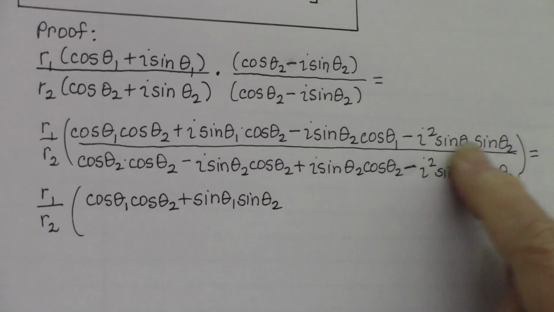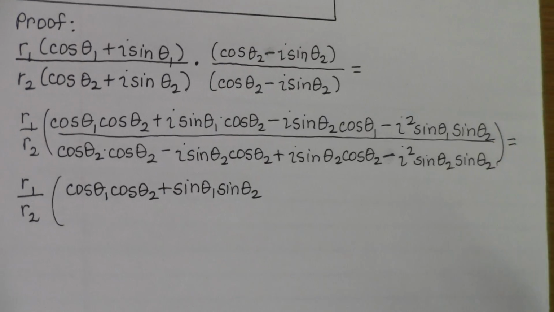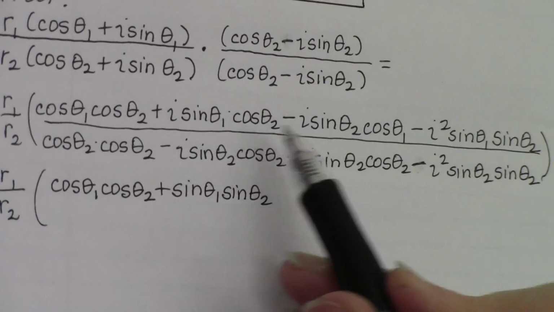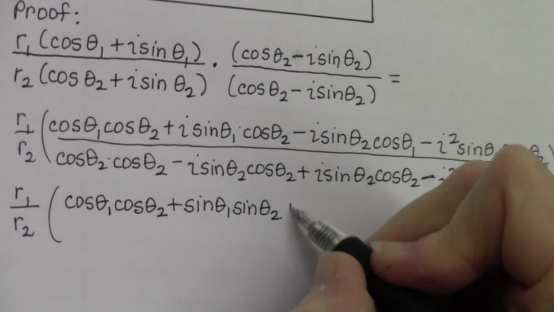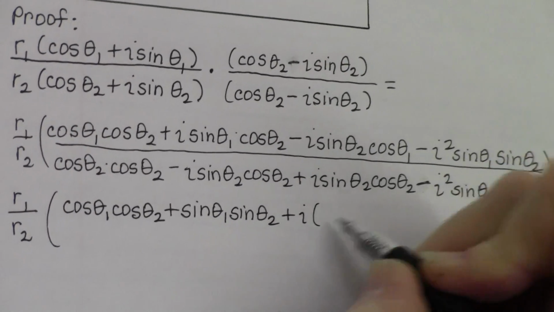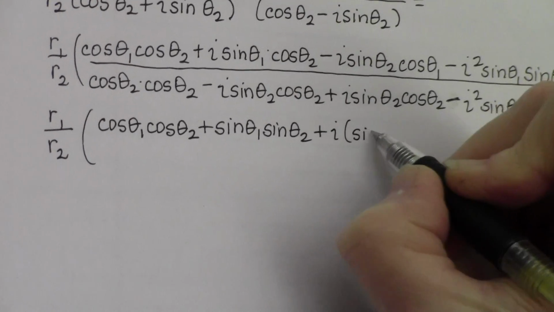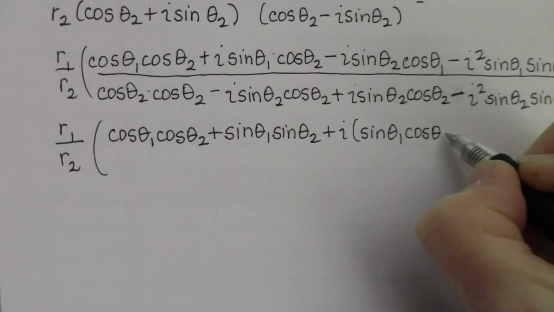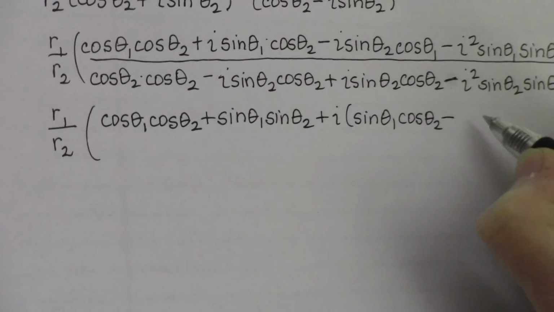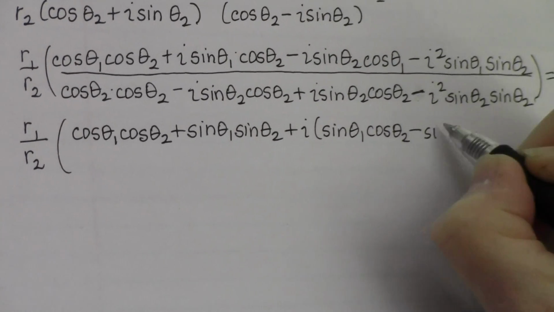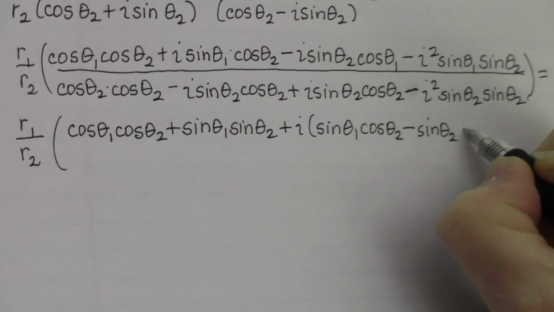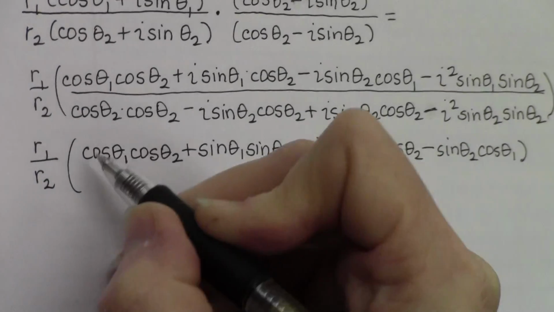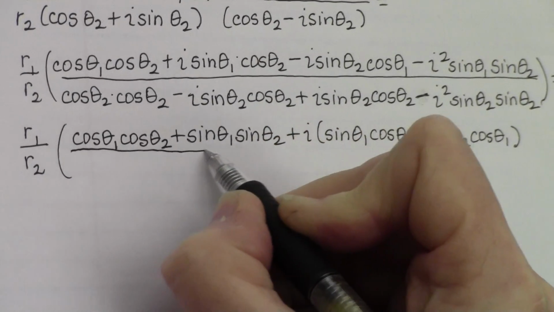That's this back term, the term at the top right of the numerator. And then I'm going to take the middle terms that both have i in them, and I'm factoring out the i. The leftover is sine of theta sub 1 cosine theta sub 2, and the minus sign is also left over. Sine of theta sub 2 times cosine theta sub 1. Okay, so we just cleaned up the numerator.